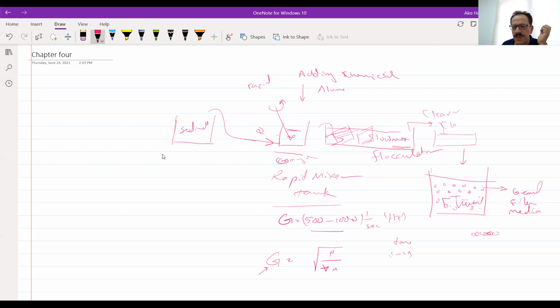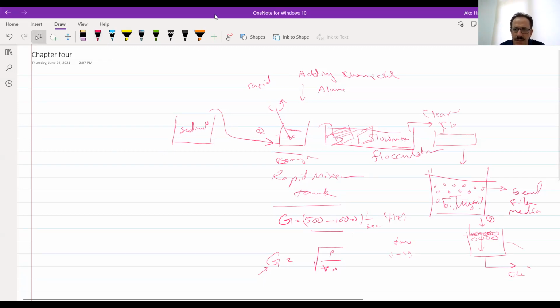It will be a specific sand and specific gravel, and we let the flow pass through this media and we will have clean water. 99% of the water will be clean due to this process. The flow through porous media, through the sand and the gravel, is called filtration. It is very important for us to have filtration.